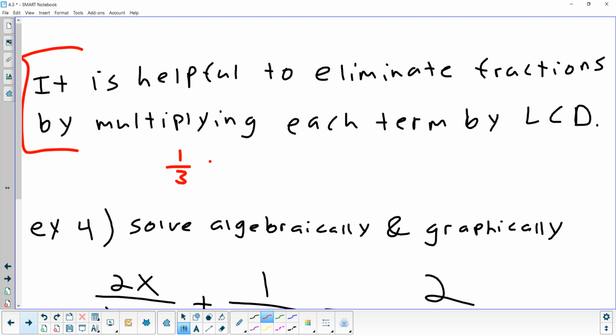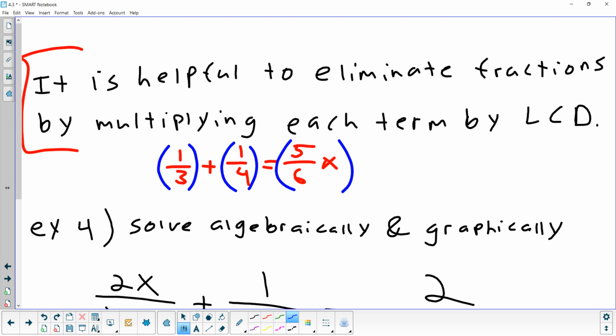Let's say we had 1/3 plus 1/4 equals 5/6 x. Okay, that's kind of a mess of an equation to solve because I have all these fractions. But there is something I could multiply all 3 of these by. It has to be the same thing everywhere, and all the denominators would cancel out.